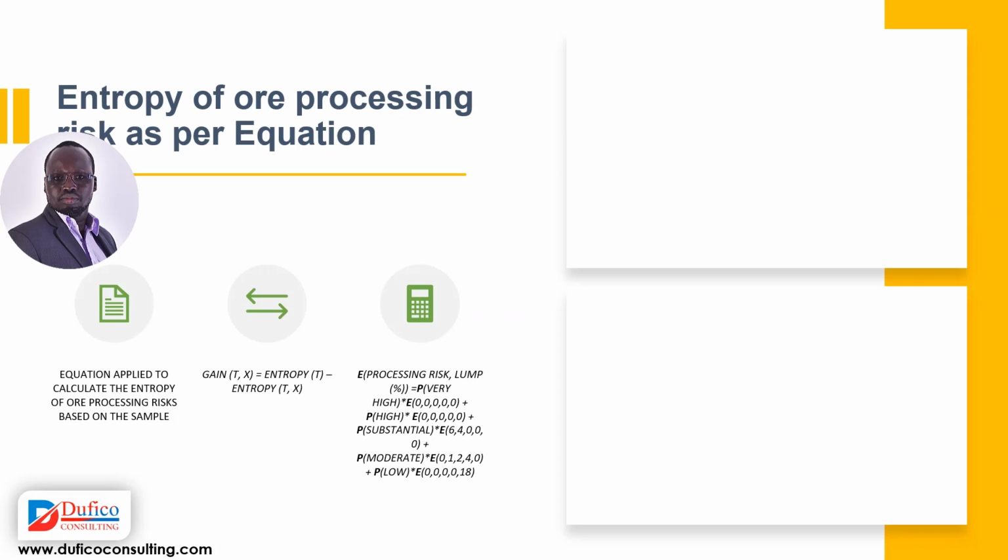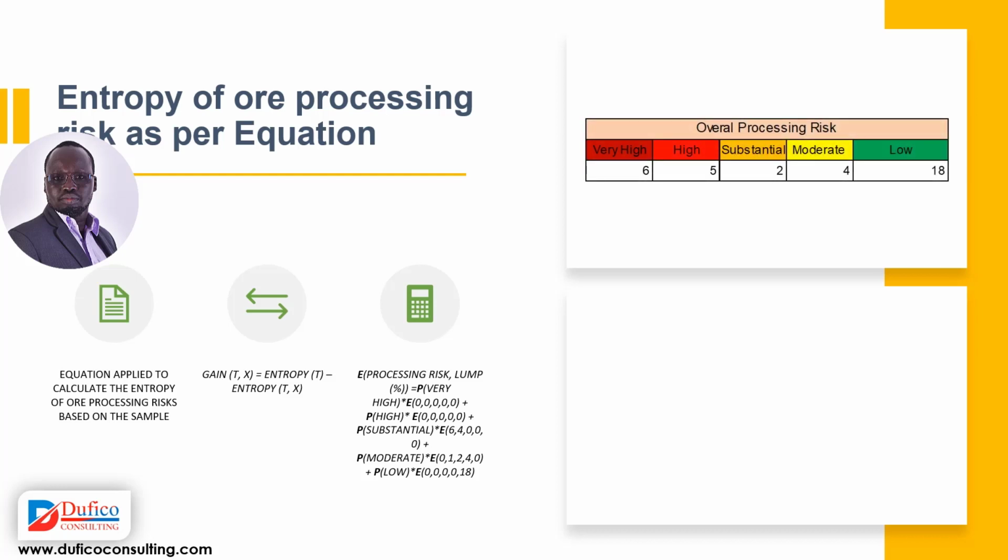Now, how do we calculate the entropy of ore processing or risk as per the equation which we have just looked at above? So the equation is applied to calculate the entropy of ore processing risk based on the sample size of 35. So we look at the sample size and we find that 6 blocks are very high risk, 5 blocks are high risk, substantial risk is in 2 blocks, moderate risk were 4 blocks, and 18 blocks were low risk.